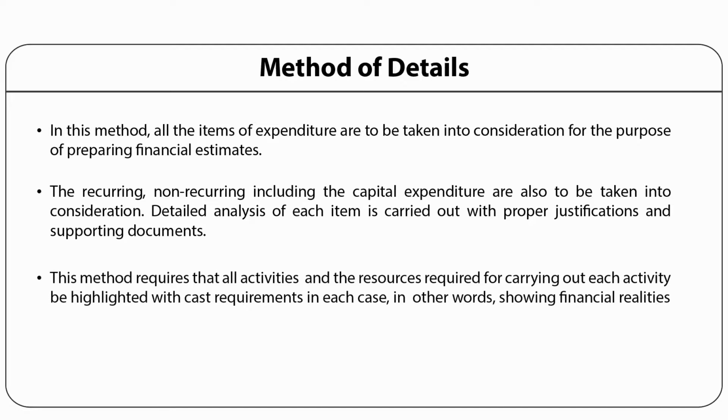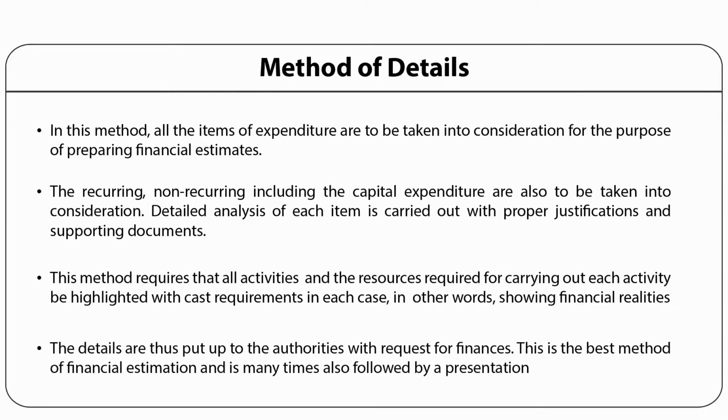This method requires that all activities and the resources required for carrying out each activity are highlighted with cost requirement in each case, in other words, showing financial realities. The details are thus put up to the authorities with request for finances.